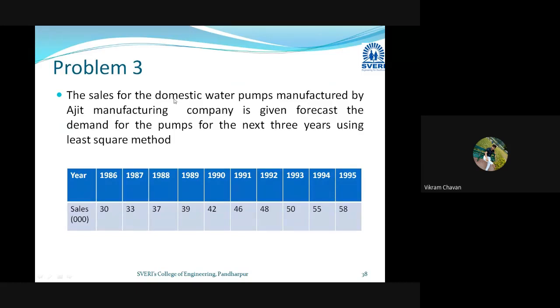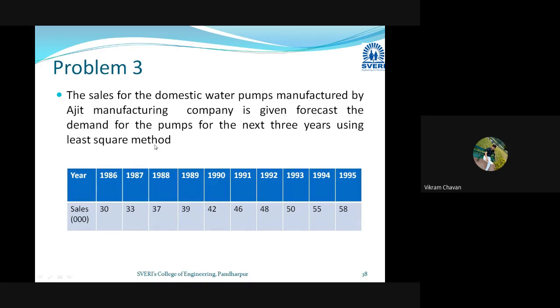The sales for the domestic water pumps, manufactured by Ajit Manufacturing Company, is given.